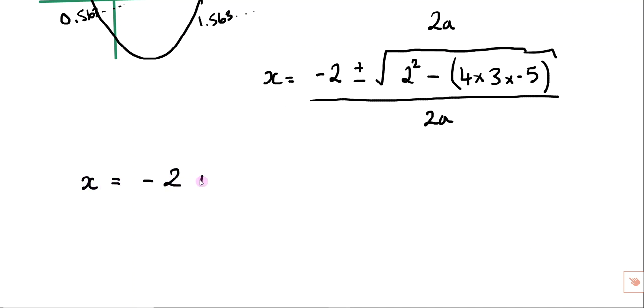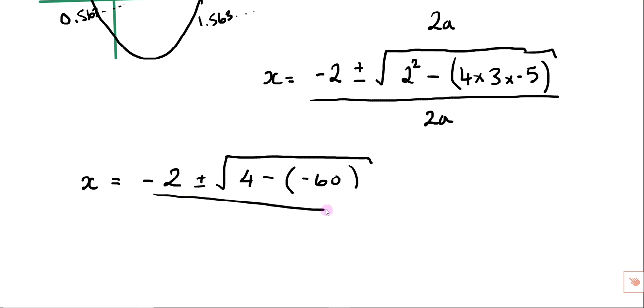So minus 2 plus or minus the square root of 4 minus 4 times 3 times minus 5, which is negative 60. I forgot to do 2a here. All over, that should be 2 times 3. So 6.